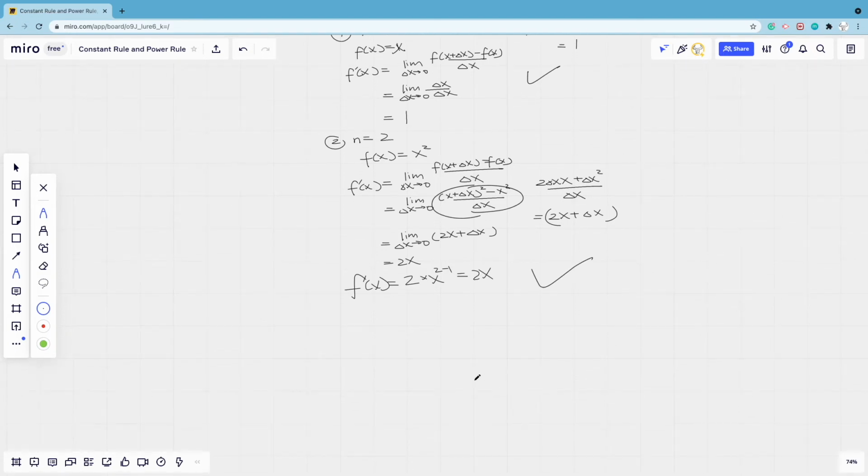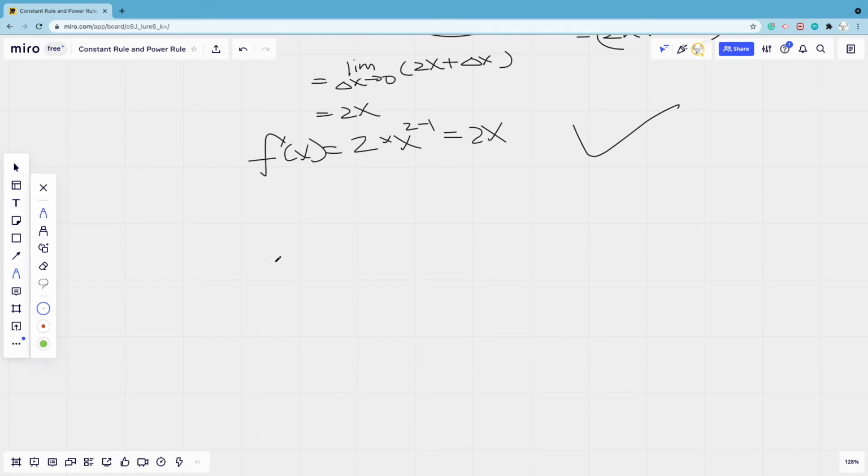So here I'll give you guys a little exercise, to see if the power rule applies when n equals 3. You can pause the video right now if you want to try it out. Okay, we're back. So for when n equals 3, the limit as delta x goes to 0 of (x plus delta x) to the power of 3 minus x cubed over delta x.